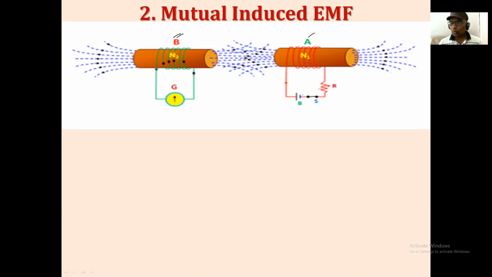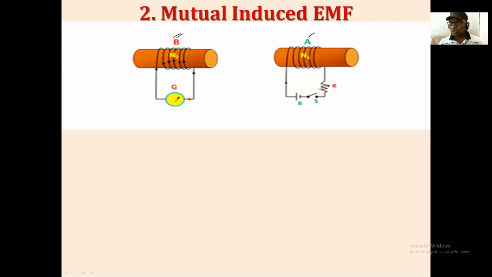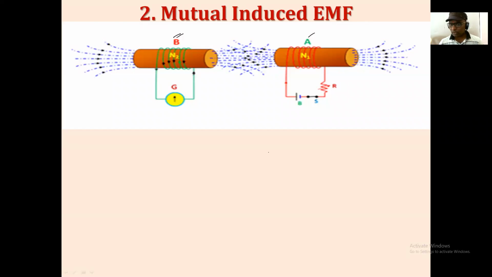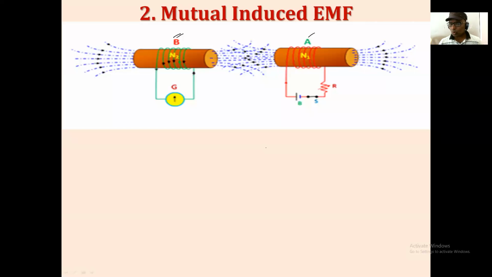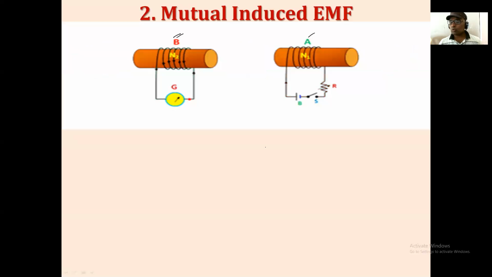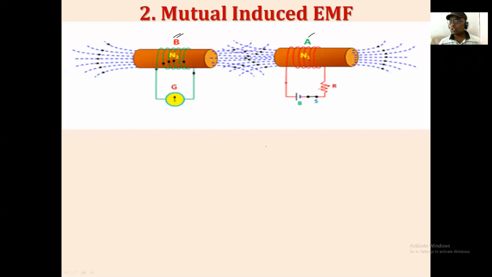And now in solenoid A, if switch S is closed, you will see it in the diagram, in the animation. When switch S is closed, a current flows, and when switch S is open, the current becomes zero.